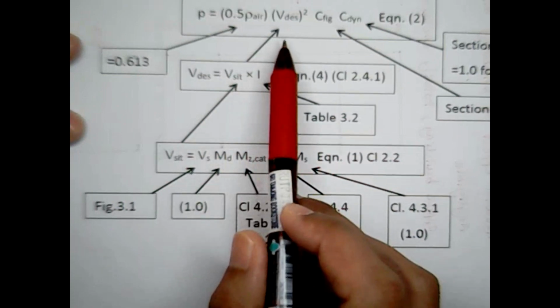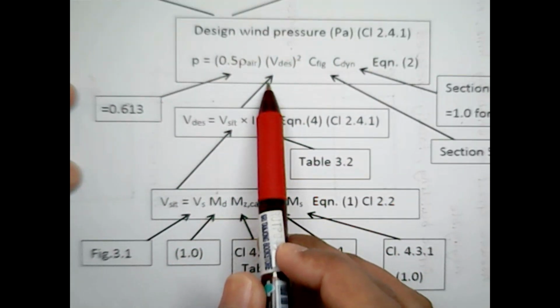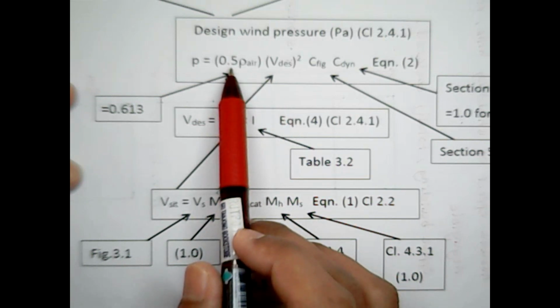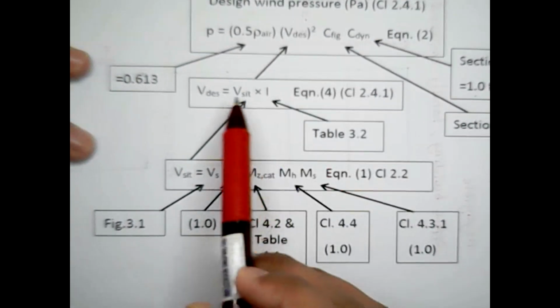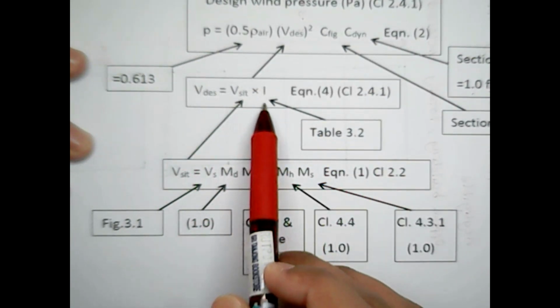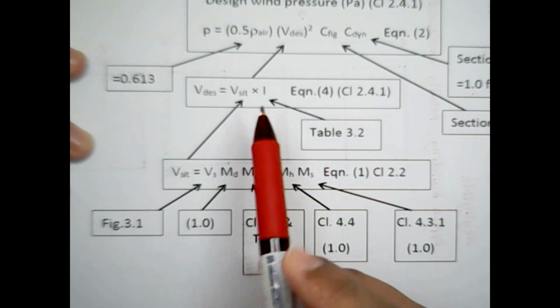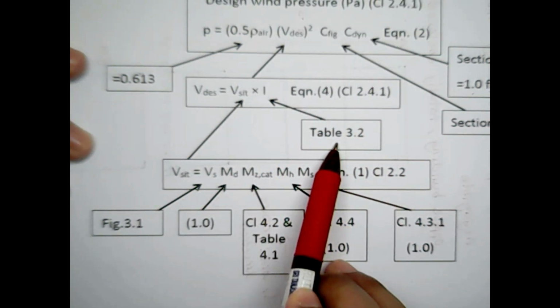And you are not able to get the design wind pressure if you are not able to calculate all these parameters. So V dash is the longest part, where you need to find V dash from these equations, and then the factor is taken from table 3.2.